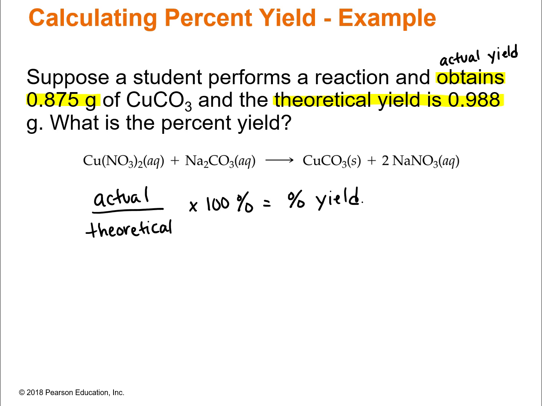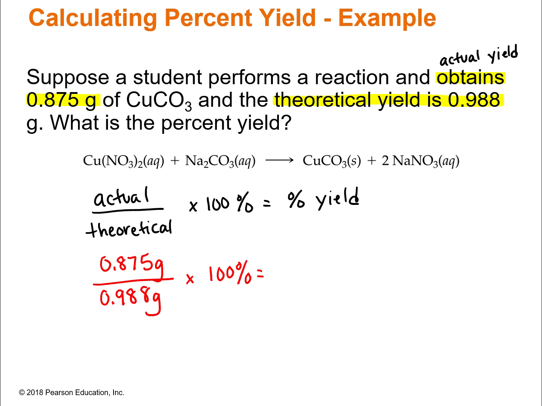This is our equation. You fill in the numbers appropriately. Actual yield, 0.875 grams. Theoretical, 0.988 grams. Multiply by 100%.